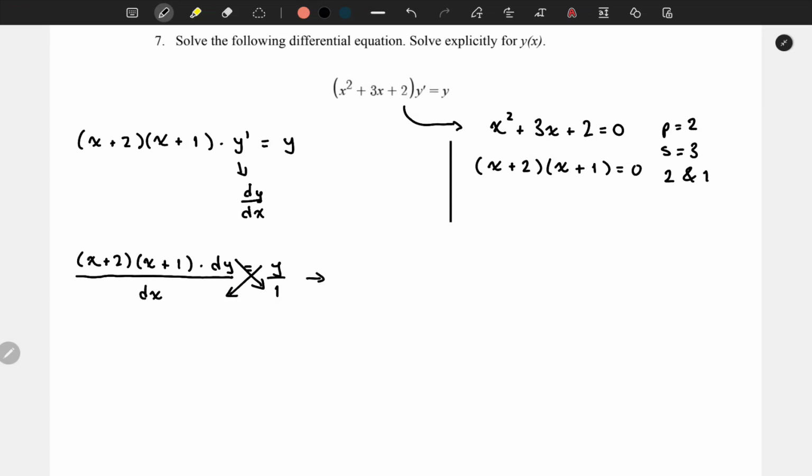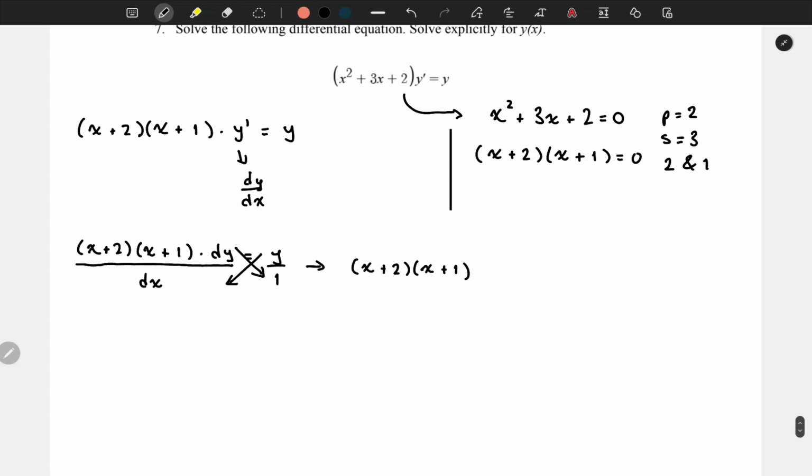That gives us x plus 2, x plus 1, and let's not forget that dy, and then we have y dx. Okay, so we're almost done. Now we just have to get that dy to the y side and the dx to the x side.